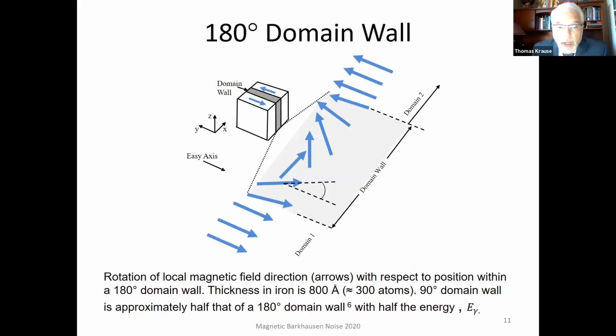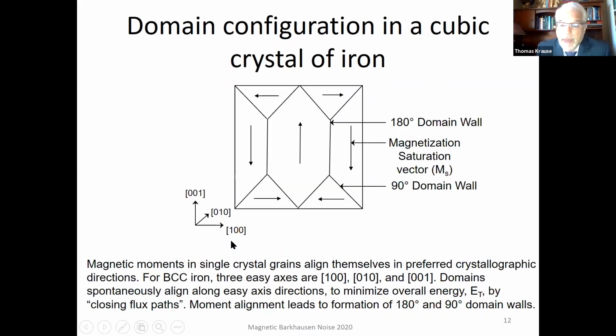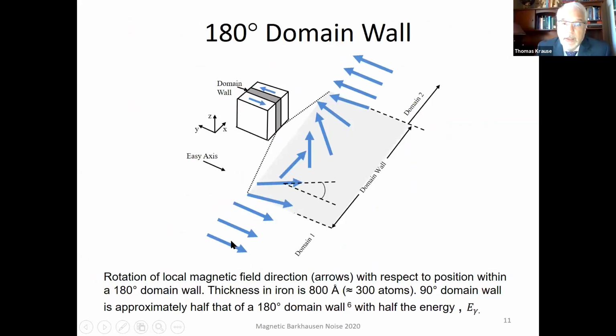This diagram here shows what happens for a 180-degree domain wall. Basically, we start with the first domain on the lower left, and then go up to the upper domain on the right.